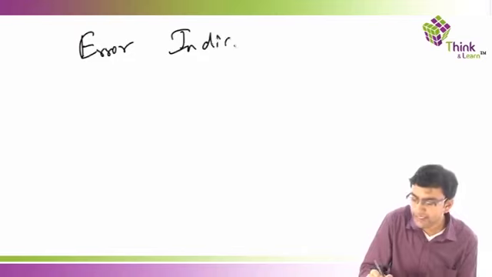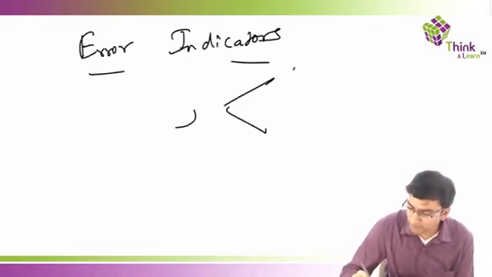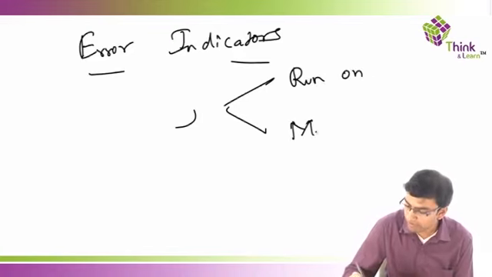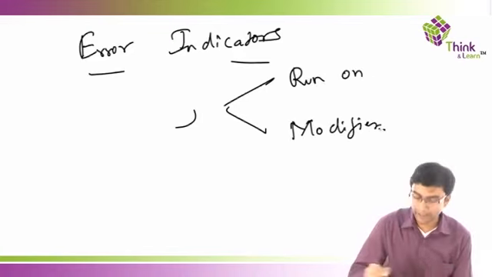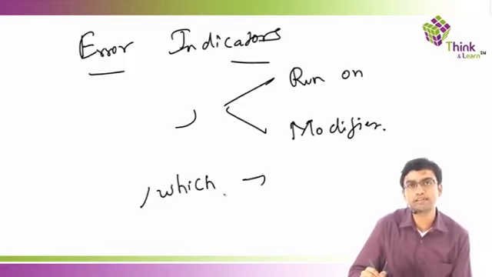Immediately check for all the error indicators. For example, you see a comma: immediately check for run-on errors, or check for modifier errors. When you see the words comma which, what will you check for?